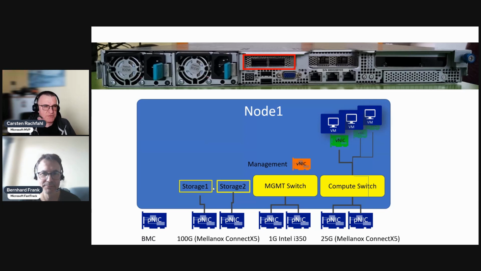I have had these cards for 3 to 4 years already, let's say 3 years, but I never had a system that had PCI Express 4. And with PCI Express 3, you have only 8 gigabits per lane. This is a 16 lane card, and if you multiply 16 by 8, you get 128 gigabit.